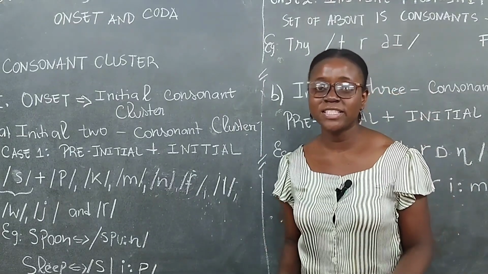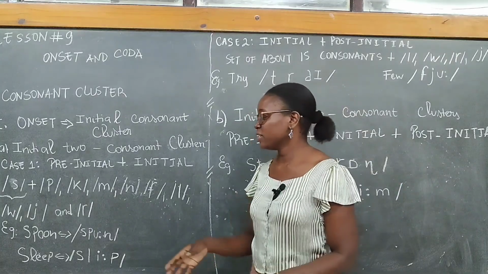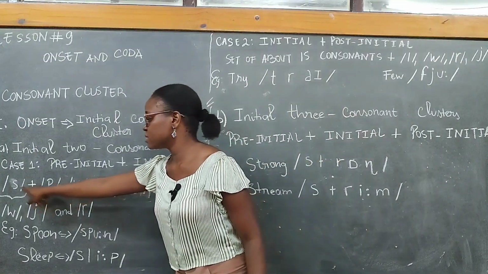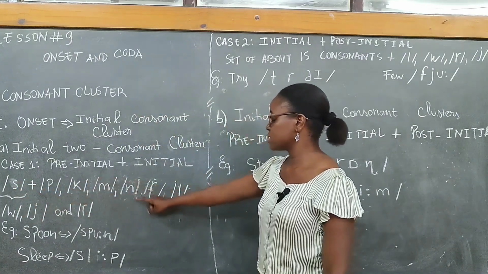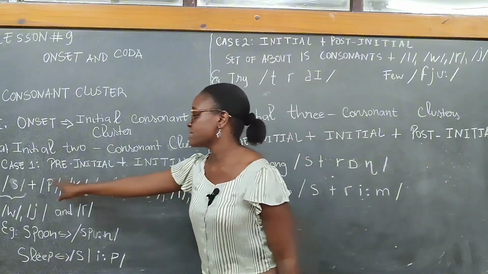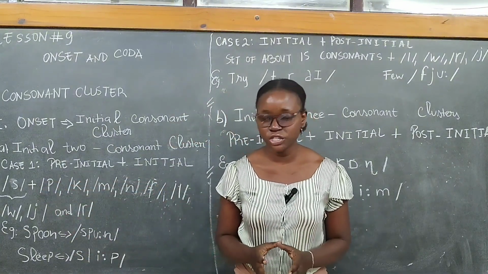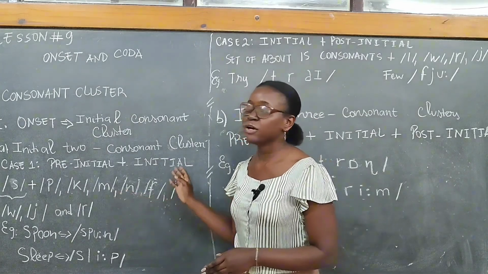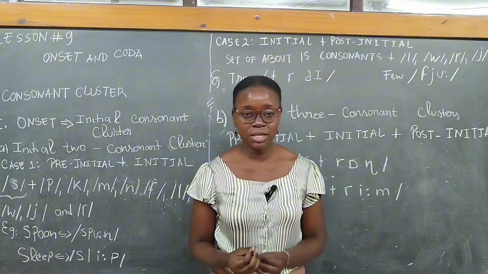And which one is the pre-initial and which one is the initial? Whenever the word starts with the S sound, and then we have any of these consonants listed here, the S sound is always going to be the pre-initial, and the following consonants are going to be called initial consonants.